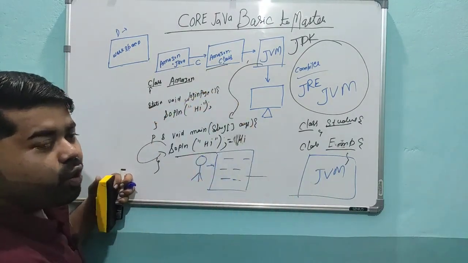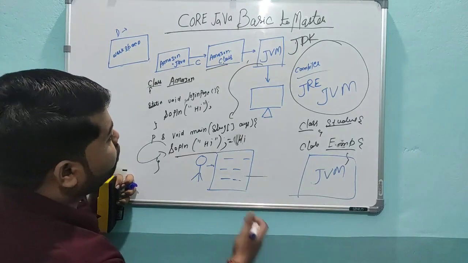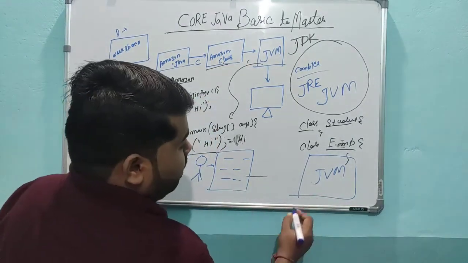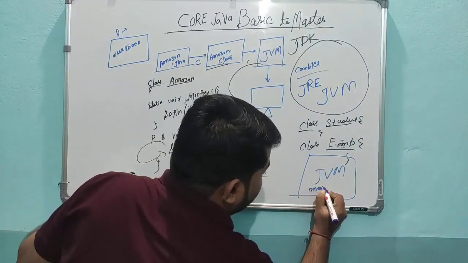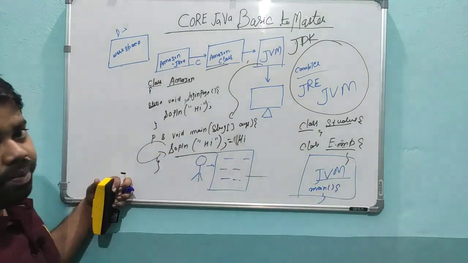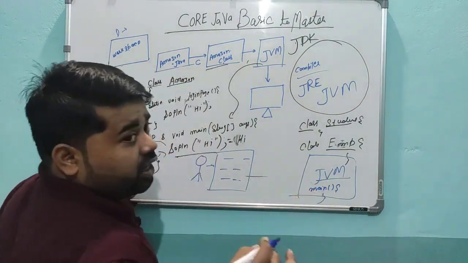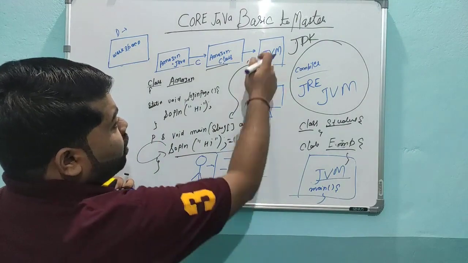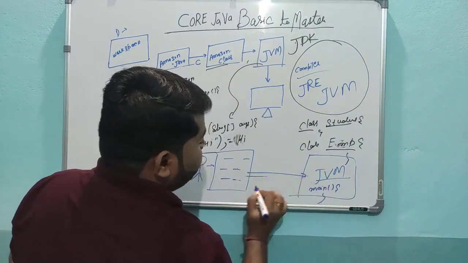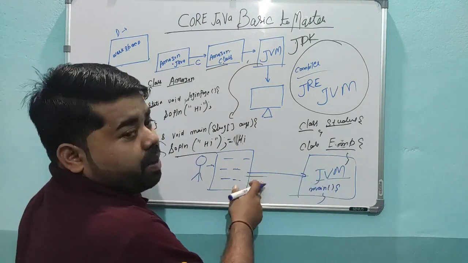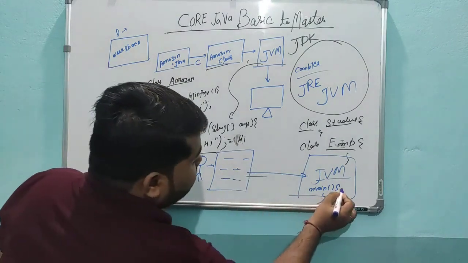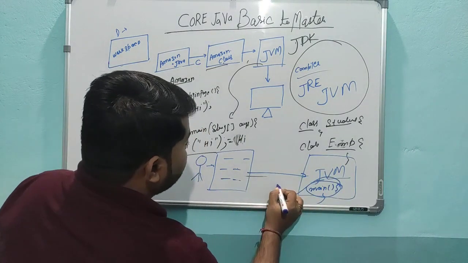JVM doesn't know what code or what methods you are writing. So the JVM developers have developed one common logic inside the JVM, the main method. The main method is called automatically when the user executes your code, so it acts as an interface between the JVM and users. When you execute your code, the main method is called by the JVM.